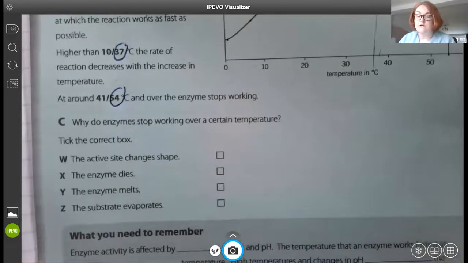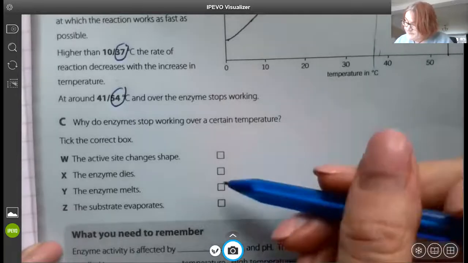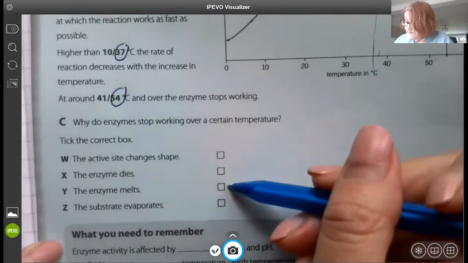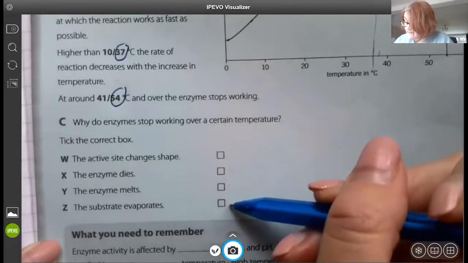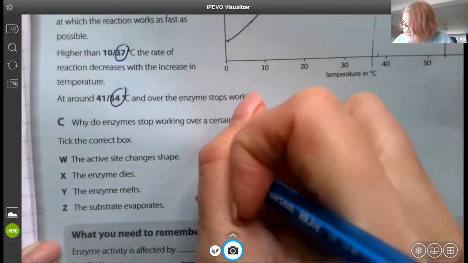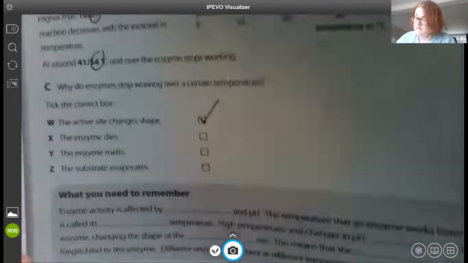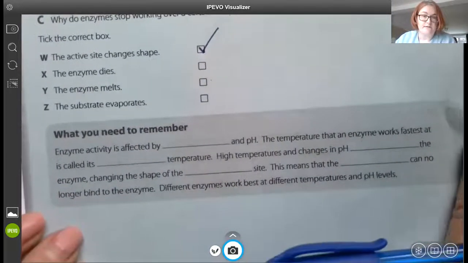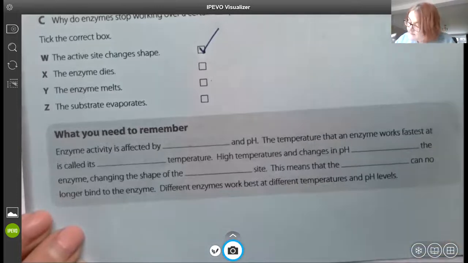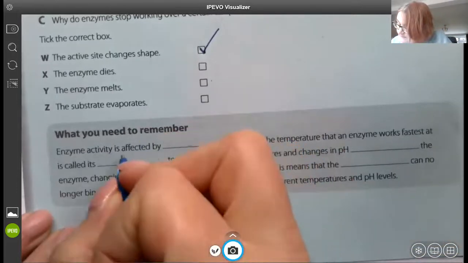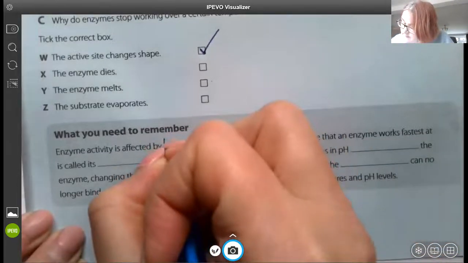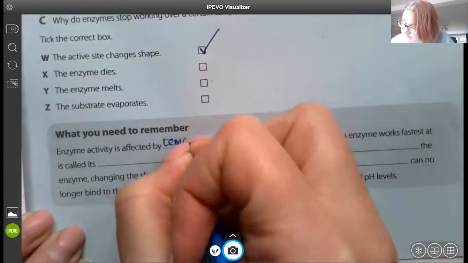Why do enzymes stop working over a certain temperature? Does it die? No. Does it melt? No. Does the substrate evaporate? No. The active site changes shape. And what do you need to remember? So we've got some missing words to fill in here. Enzyme activity is affected by something and pH, so we're going to have temperature in there.